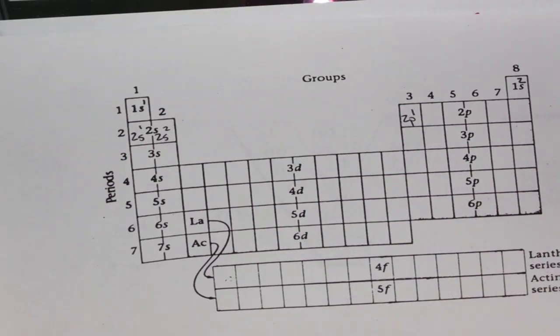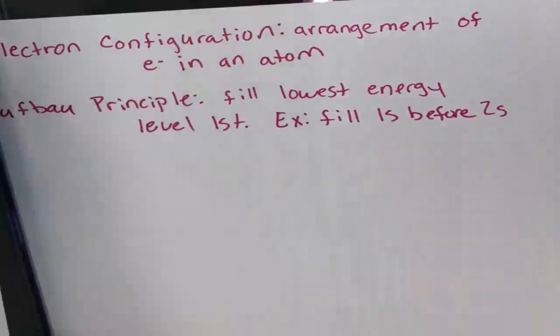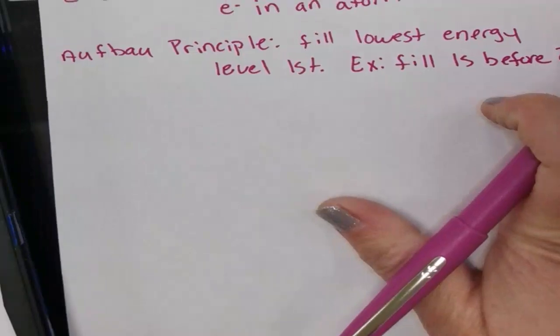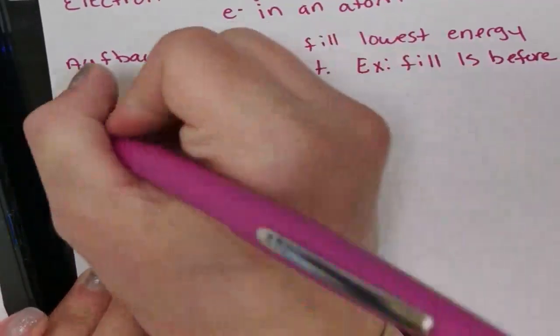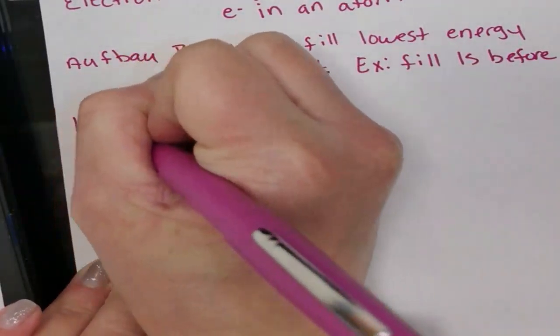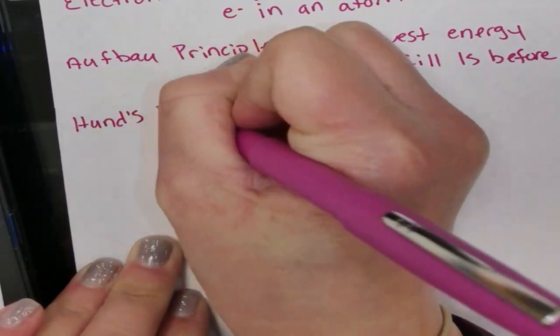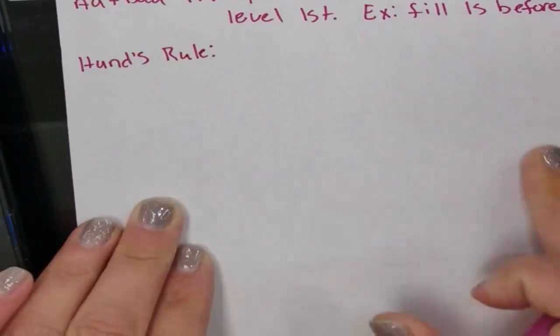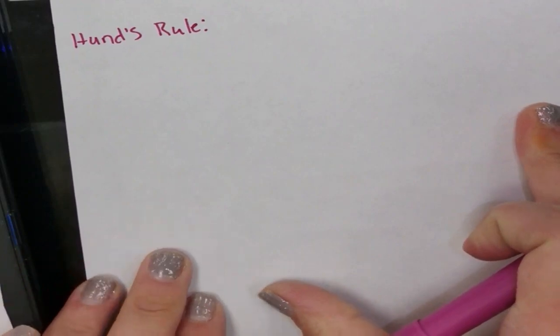So moving back to our electron configuration worksheet. Now this is the worksheet that is posted on to our website. We still need to define Hund's rule, but we're not going to define Hund's rule right now. So we're going to leave that section of our worksheet blank for now, and we're going to come back to it.